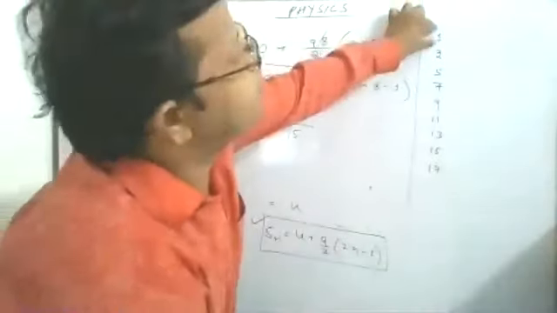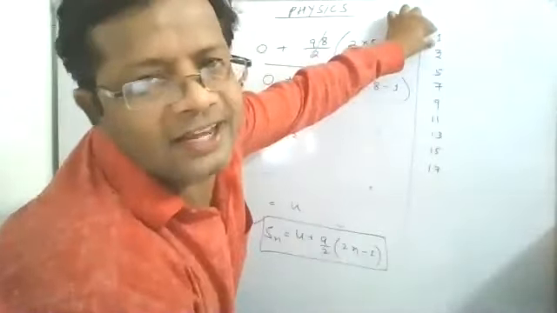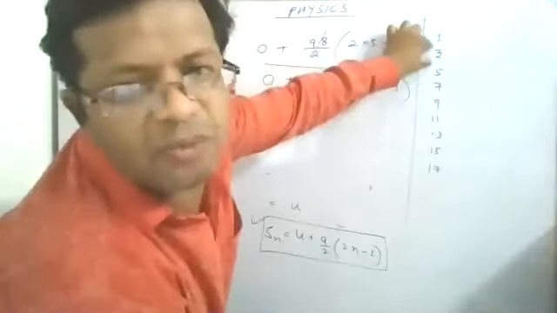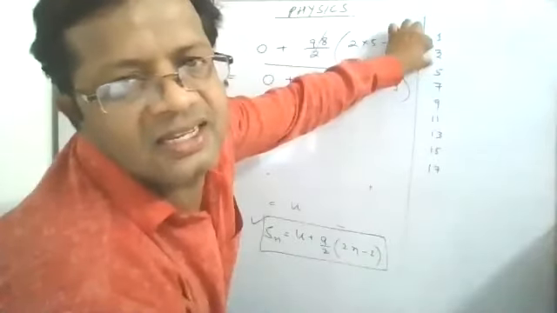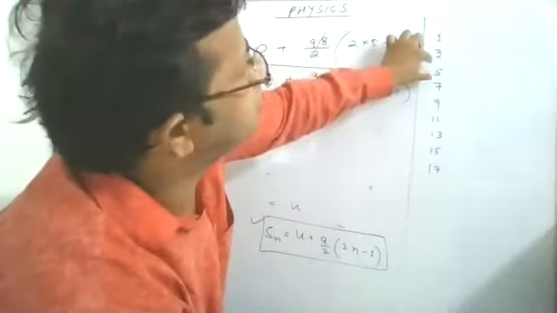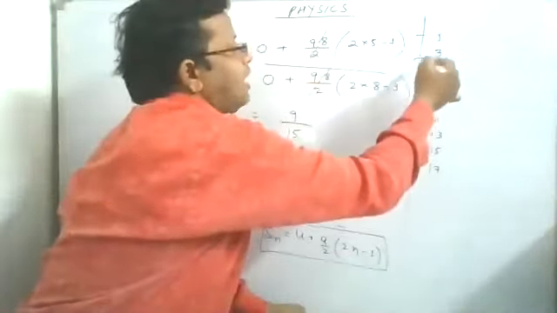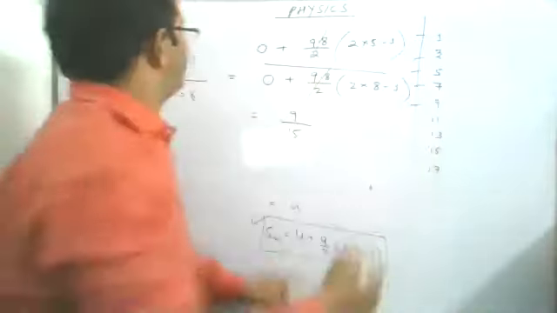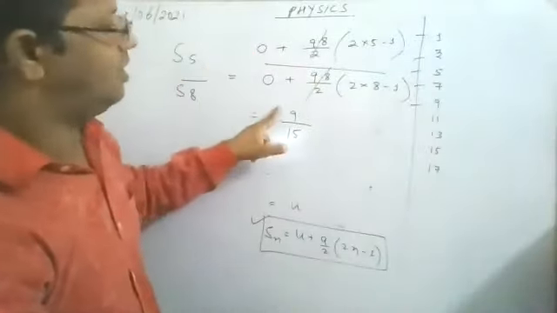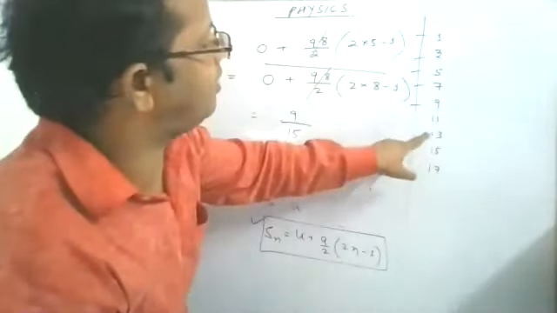This is the distance moved by the body during first second, this during second second, this during third second, then fourth, fifth, 6, 7, 8.